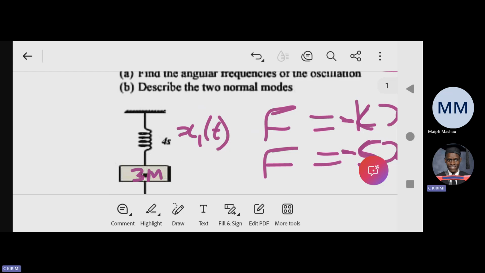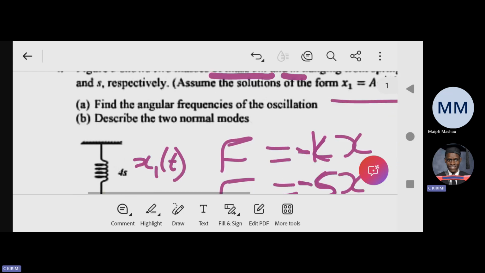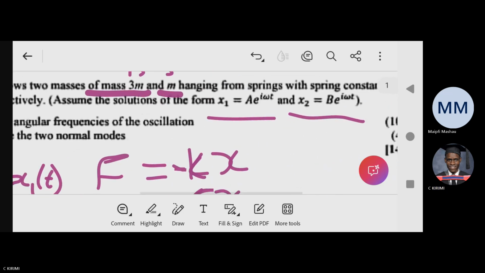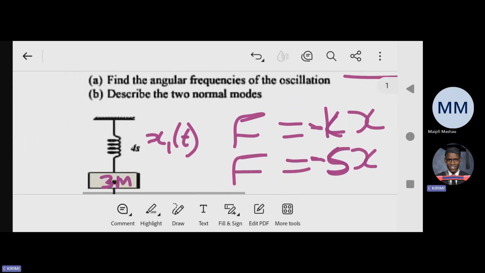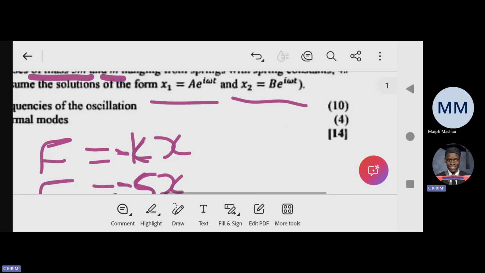If this block is hanging, the displacement is according to this solution, x equals e to the power i omega t. That is the displacement, how it is defined at any time t, so at any given point in time you can calculate it using this formula, x1.